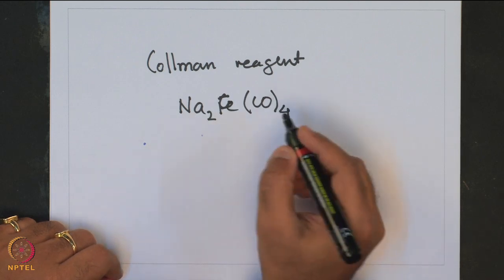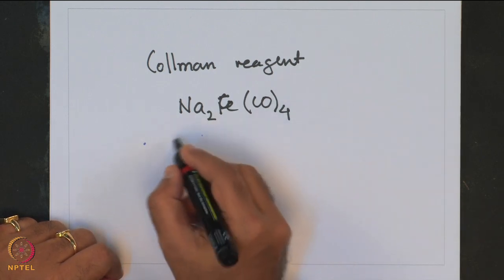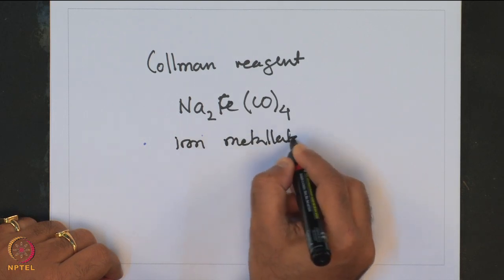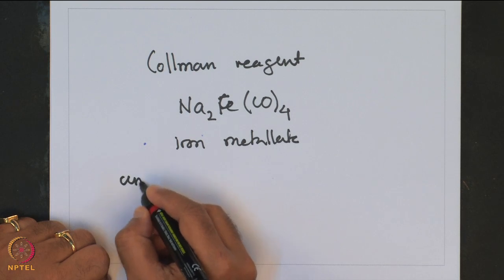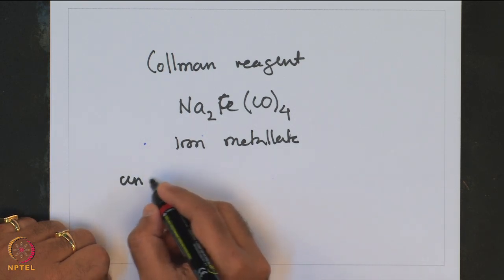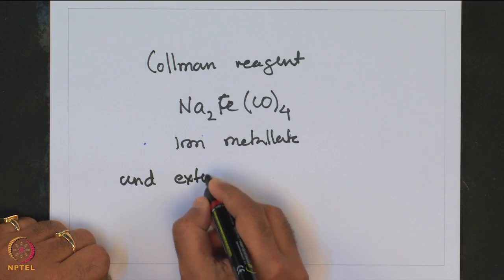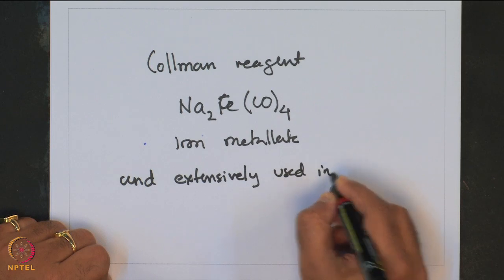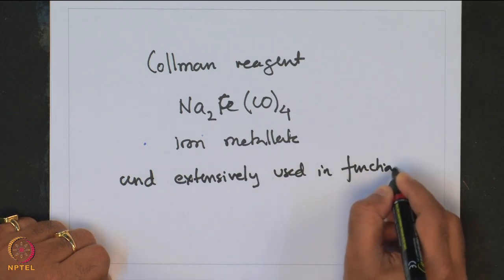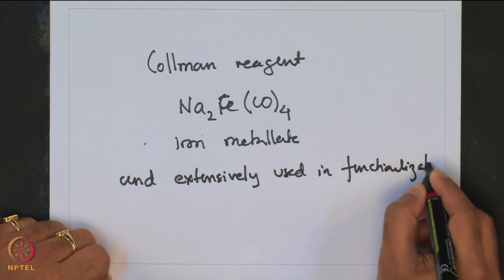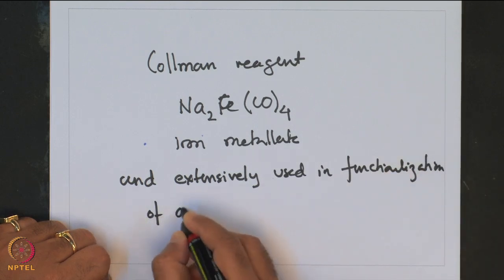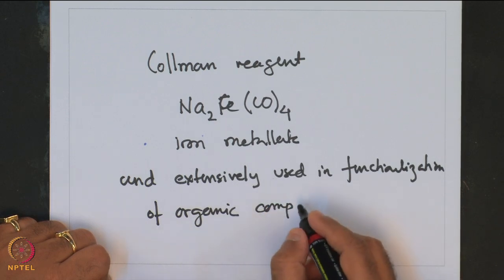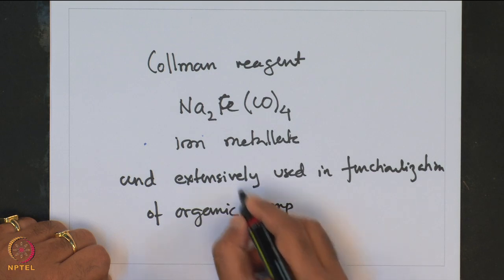So, it is a carbonyl metallate, an iron metallate complex, and used in functionalization of organic halogen compounds.